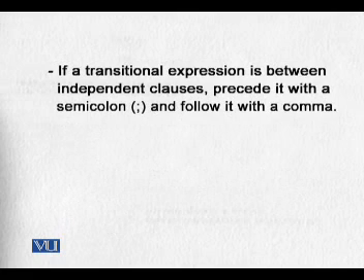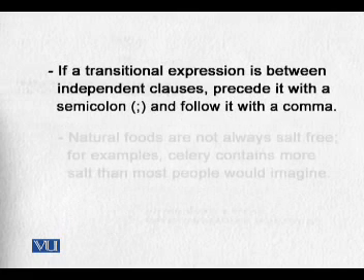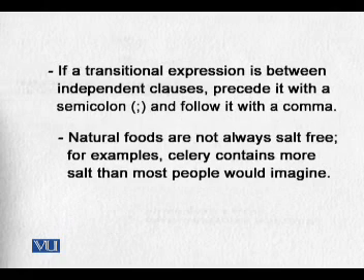The second case which I discussed with you, where a semicolon also comes in, example: natural foods are not always salt-free. Now I want to use, for example, here inside: natural foods are not always salt-free, semicolon, then comes the transition, for example, and then the remaining part of the sentence. So this is how we put commas when we use transitional expressions.